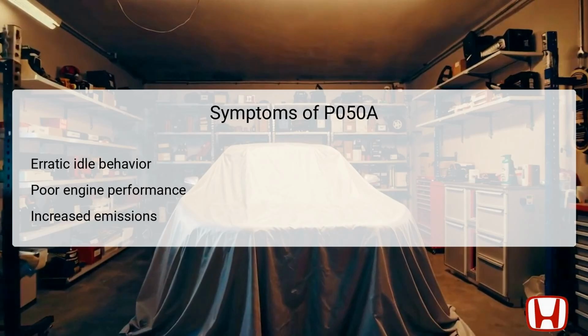Furthermore, increased emissions could be a significant concern, as improper airflow management tends to contribute to higher levels of pollutants being released. In addition, warning lights on the dashboard, such as the check engine light, may illuminate, prompting attention from the driver. It's essential to recognize these symptoms, as they can signal either the presence of the P050A code or underlying issues that require further investigation.